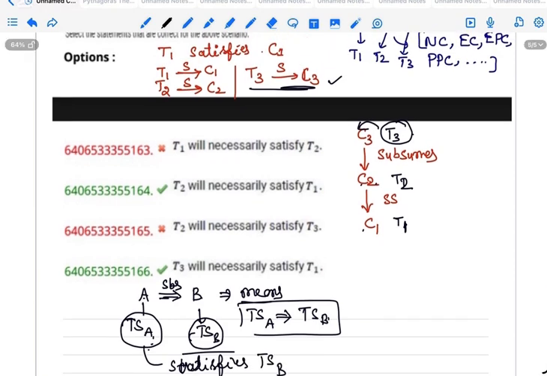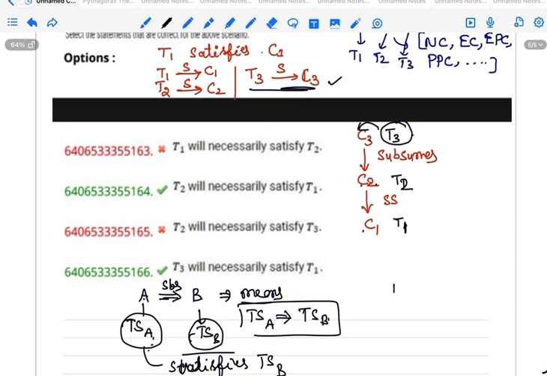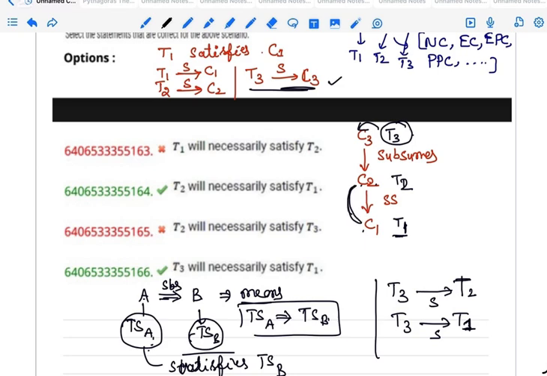In the same way, the test requirement T3 also satisfies the test requirements for T2 and T1. For example, consider C2. C2 subsumes C1.